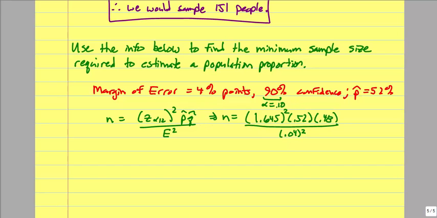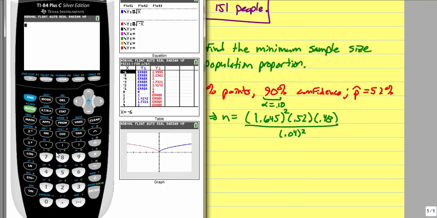So let's go ahead and plug this into the calculator and see what we get back out. So in the numerator we have 1.645 squared times 0.52 times 0.48 divided by, and we have 0.04 squared in our denominator. So it looks like we end up with 422.1399.